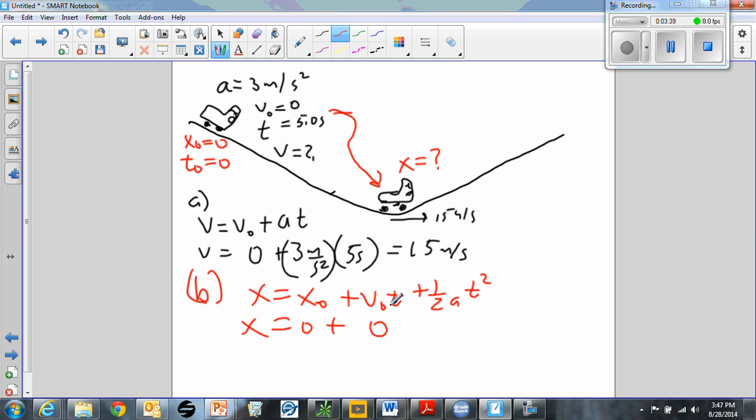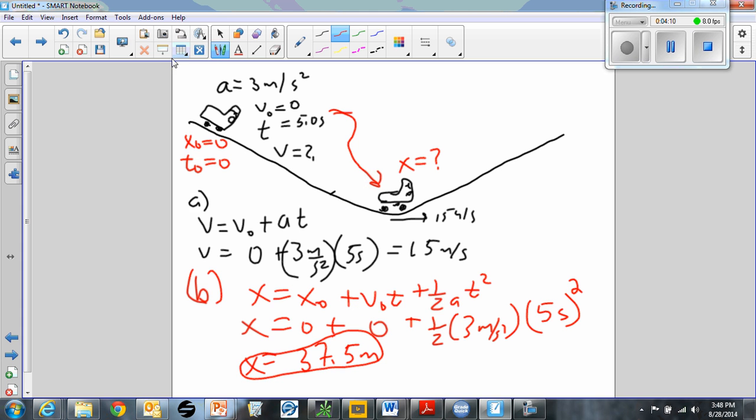This whole thing is 0, so it's 0 times 5, but 0 times 5 is 0. Plus 1/2 times 3 meters per second squared times 5 seconds. Don't forget to square the 5 seconds. So basically it's x equals 1.5 times 25, and that's going to give me 37.5, or at least that's what I got. 37.5 meters. That would be the answer for how far it went.